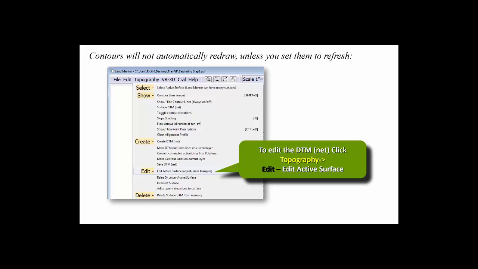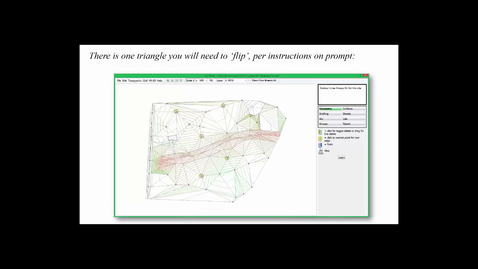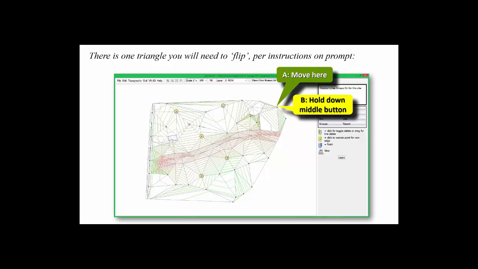And then we'll go Edit Active Surface, and that will show the triangle net. So what we need to do is flip that upper right triangle because it has that flat area. That's not right. What we want to do is use the middle button of the mouse and click to that point, holding the middle button down, and then move to the point that we want it to, and you'll see a red line.